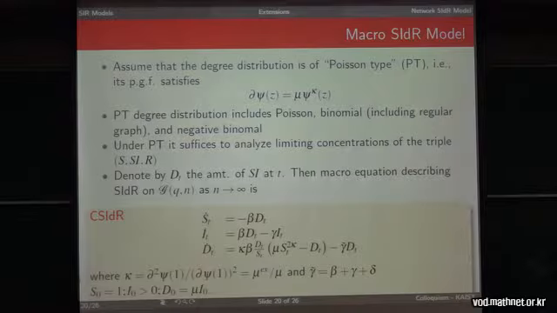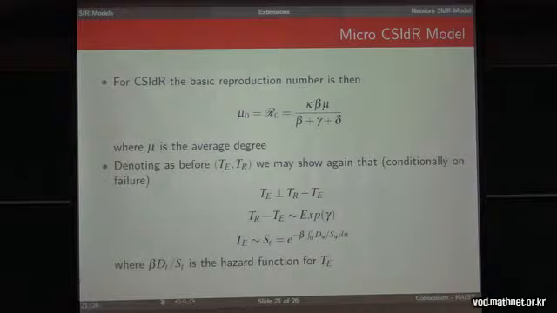it turns out that for some class of these degree distributions, you can obtain a very nice version of the law of large numbers, which is not much more complicated than the SIR model. Using this law of large numbers, we can, in a very similar fashion, generate the idea of a survival function.